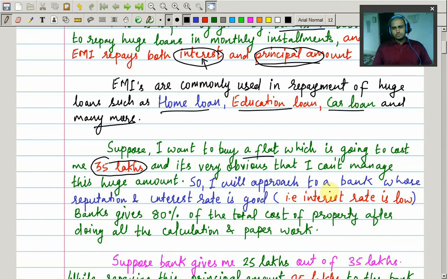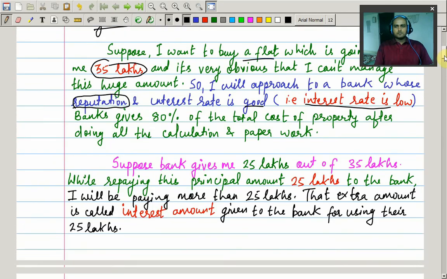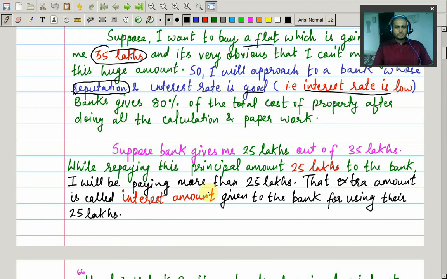So I will approach a bank whose reputation, and this is a very important thing, and interest rate is good. That is, interest rate is low. Banks give 80% of the total cost of property after doing all the calculation and paperwork. So we must have at least 20% of the total amount in our pocket. So bank usually gives 80%.